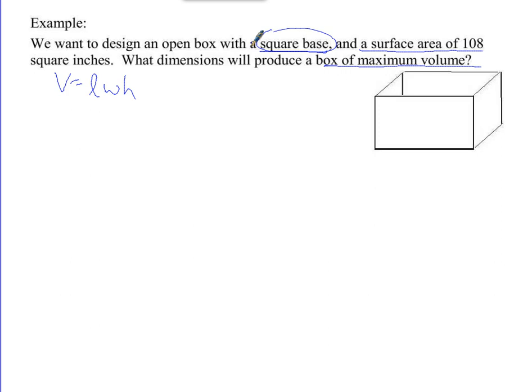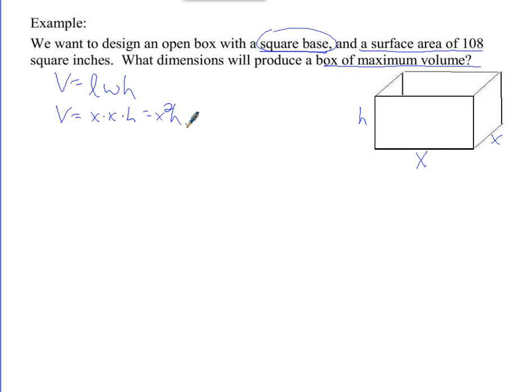Now I can call that whatever I want, but I'm going to call it x. So then the base is just x squared. Now I don't have the height in terms of x. They didn't give me any of that information, so I'm just going to call that height. So now at this point my primary equation becomes x times x times h, which is just x squared h.